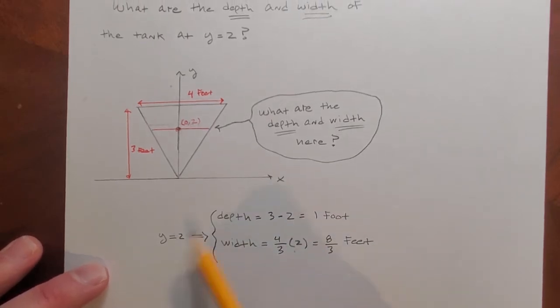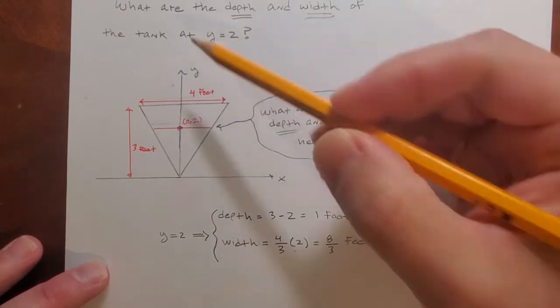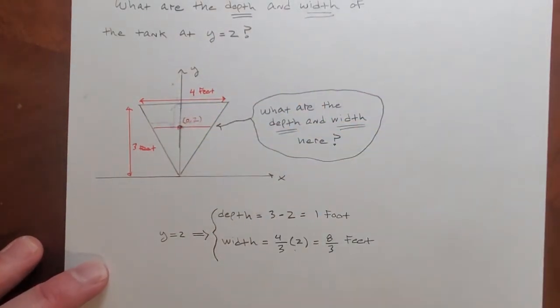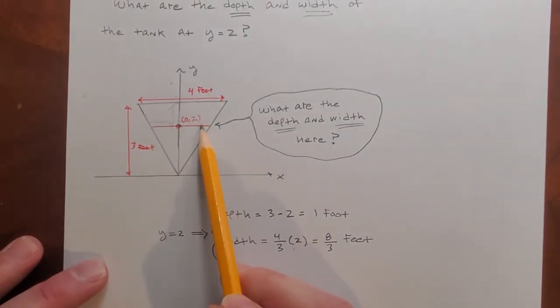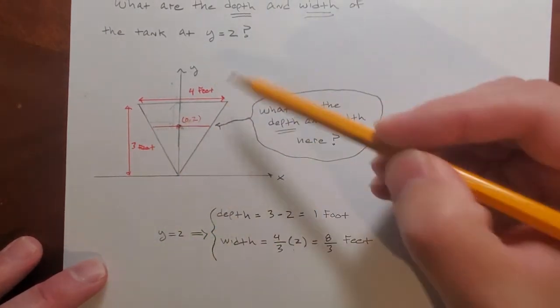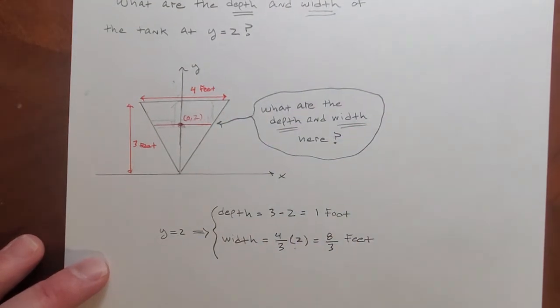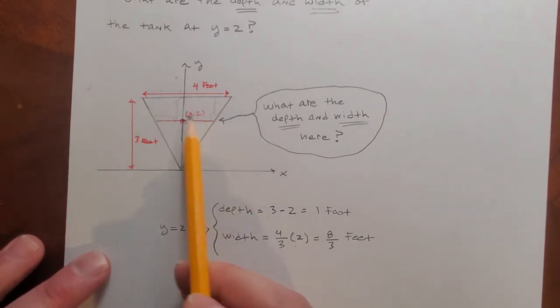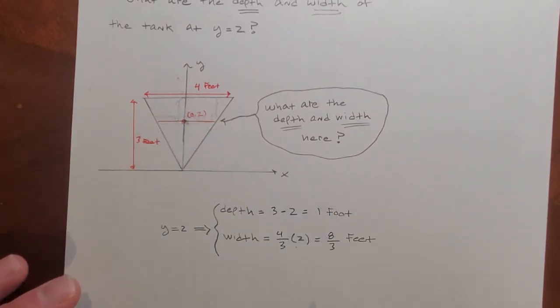So at y equals 2, 3 minus y is 1, and we agreed that if you're right here, you're 1 foot deep in that tank. No matter where you are, if your y coordinate is 2, you're 1 foot deep. And the width would be 4/3 times 2, that's 8/3 feet. So the width all the way across is 8/3 feet.